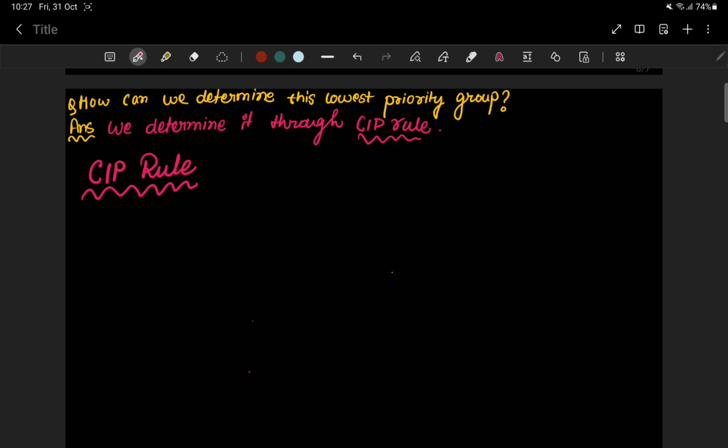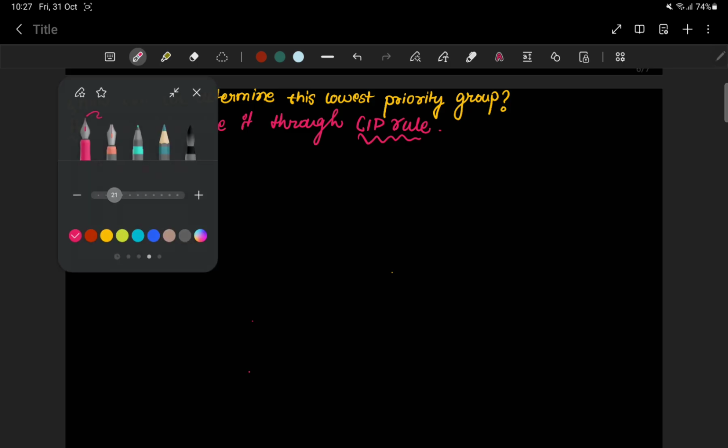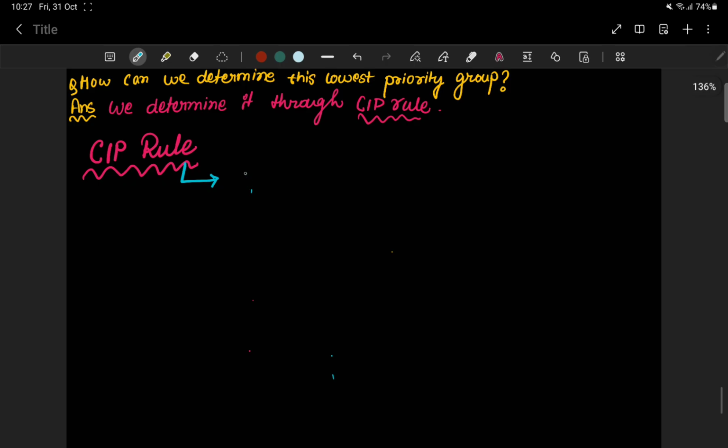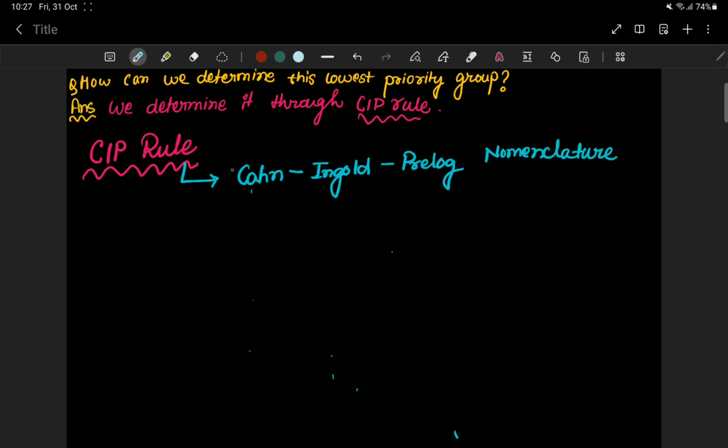CIP full form stands for Cahn, Ingold, Prelog nomenclature.